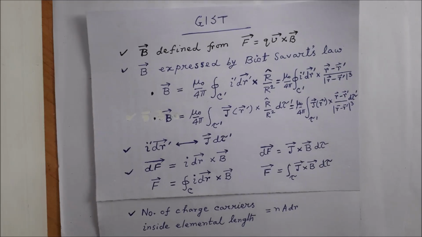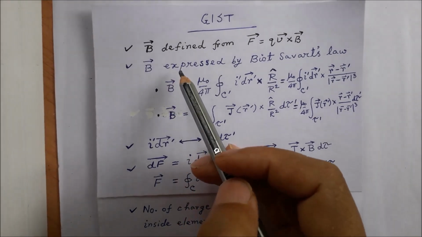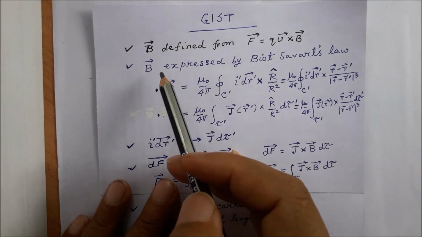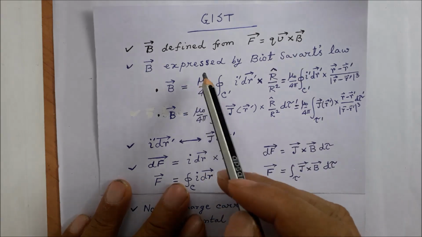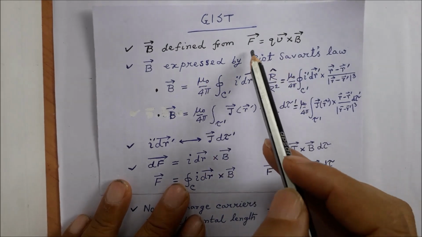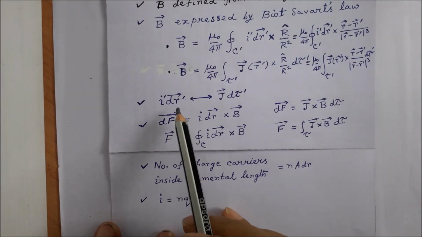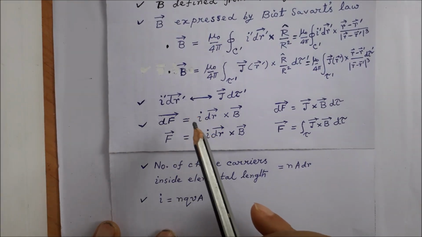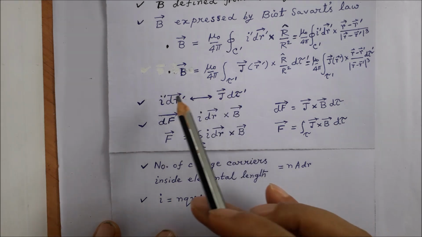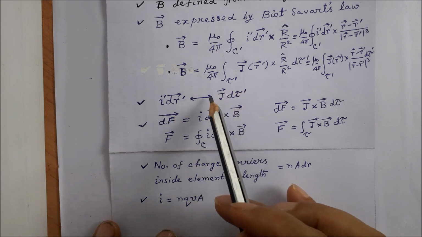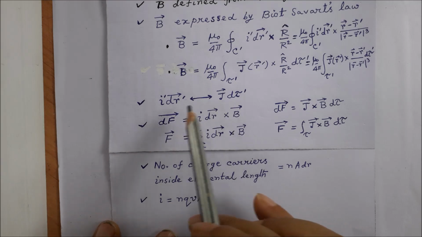It's time to wind up the discussion. Let us make a gist of what we gained from this lecture. B was defined from Lorentz force but expressed using Biot-Savart's law. We also studied at the beginning that there is a technique to switch over from filamentary current distribution to volume current distribution, or the other way around, using this theorem.